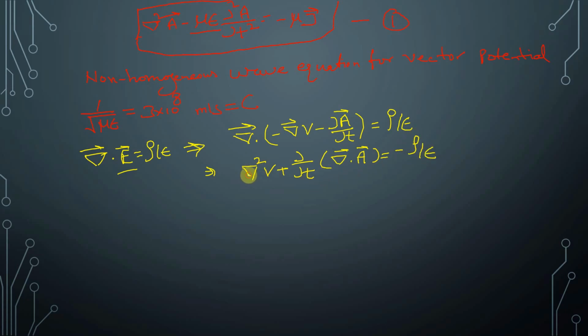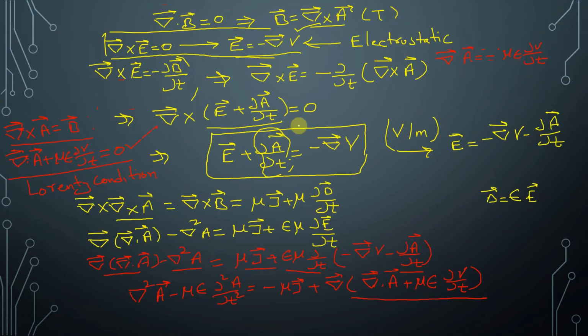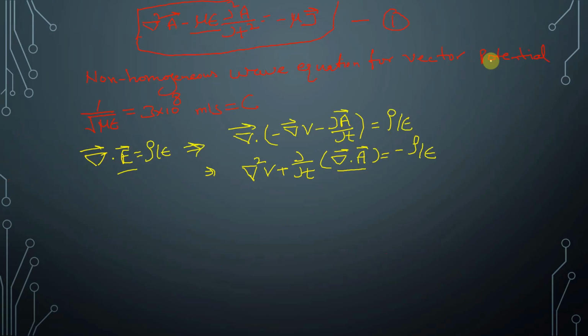Okay, simple. We have opened this bracket and multiplied. So what was that del dot A by using that Lorentz equation? Del dot A was minus mu epsilon curl V upon curl T. Put that value here.